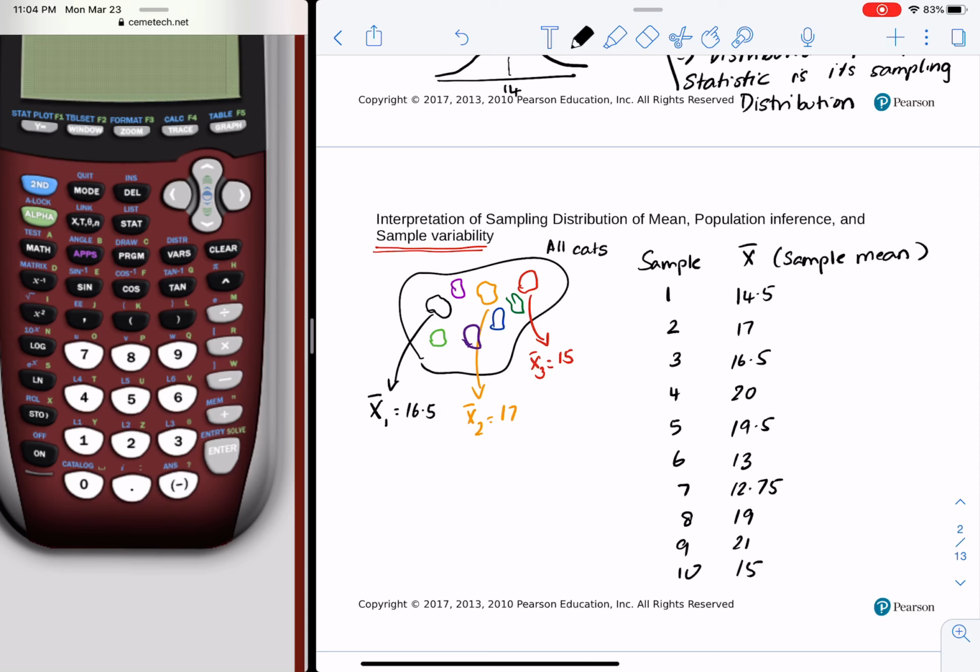So we have now 10 observations, but each observation is a statistic in that table, and more precisely, that statistic is the mean. So what we have here is not just a distribution, rather the sampling distribution.